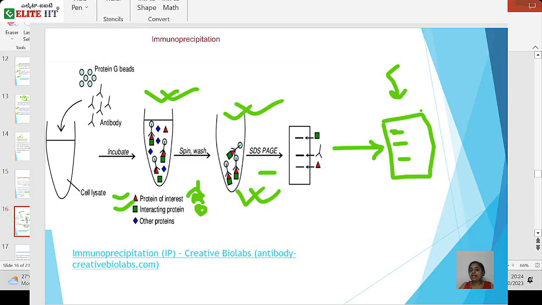Then you have to add antibody against the green color, which means antigen B. Initially you added antibody against A, but in the next step, when you are doing the Western blotting, at that time you have to add antibody against the second protein. So what will happen?